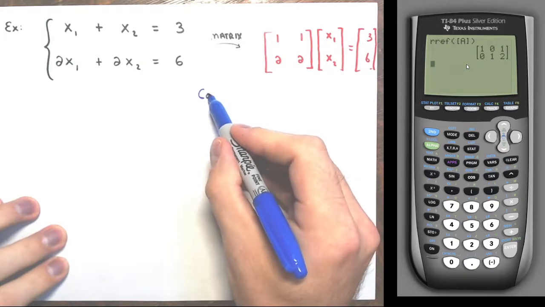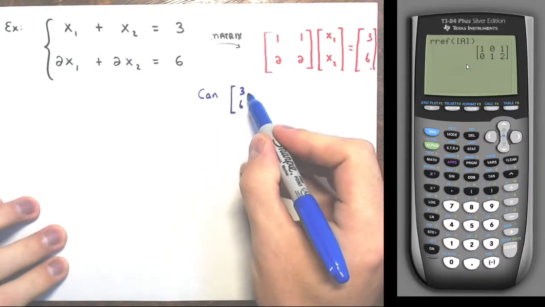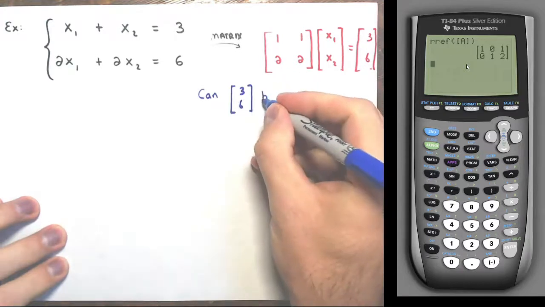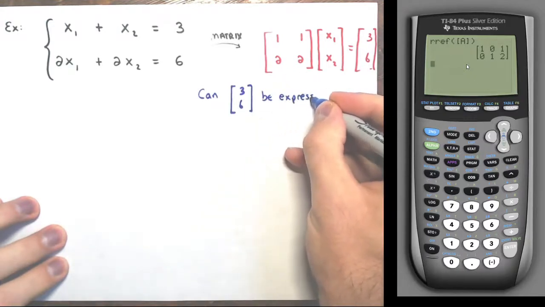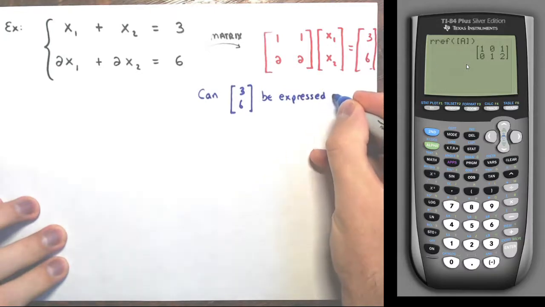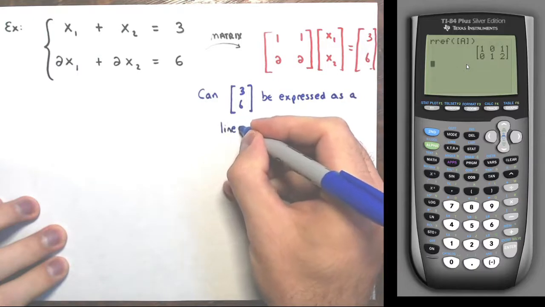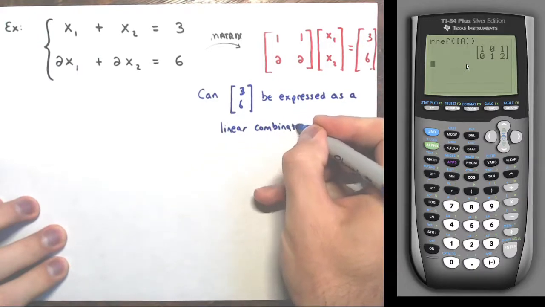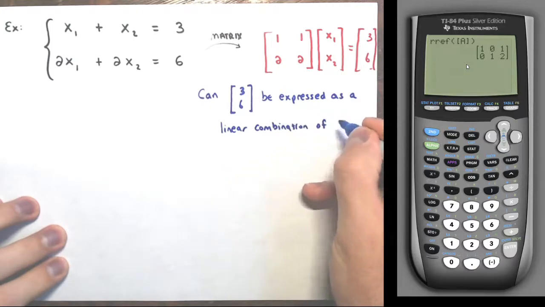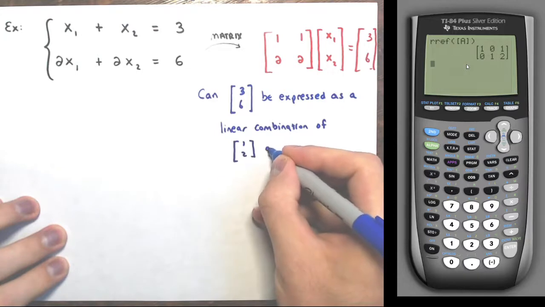The question is, can the vector 3, 6 be expressed as a linear combination of the column vectors 1, 2, and 1, 2?